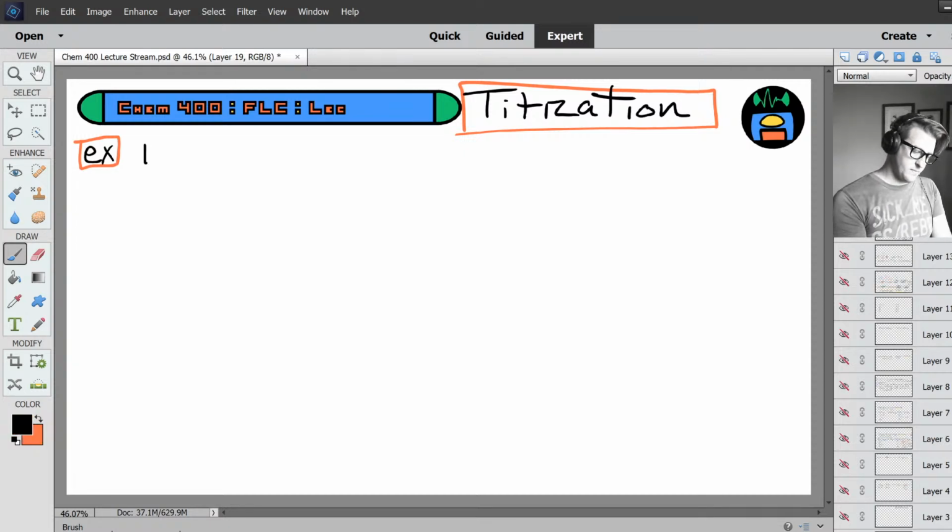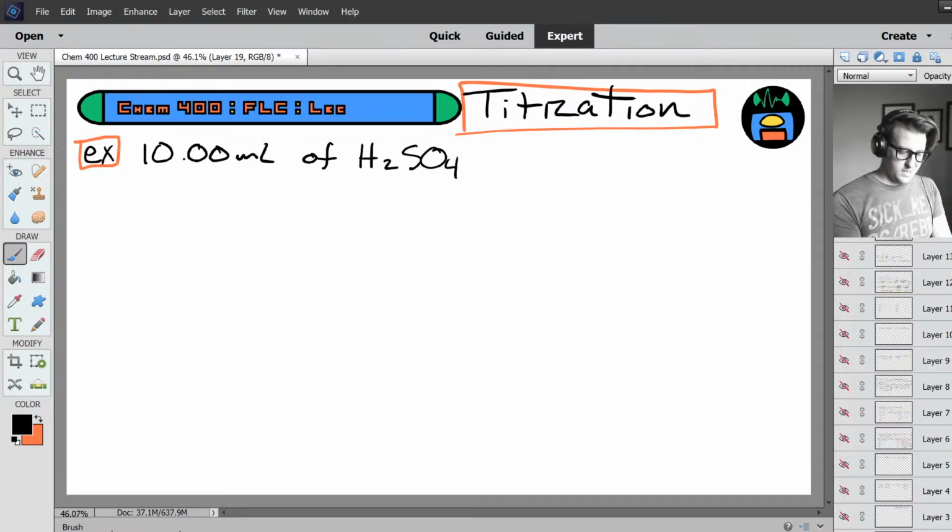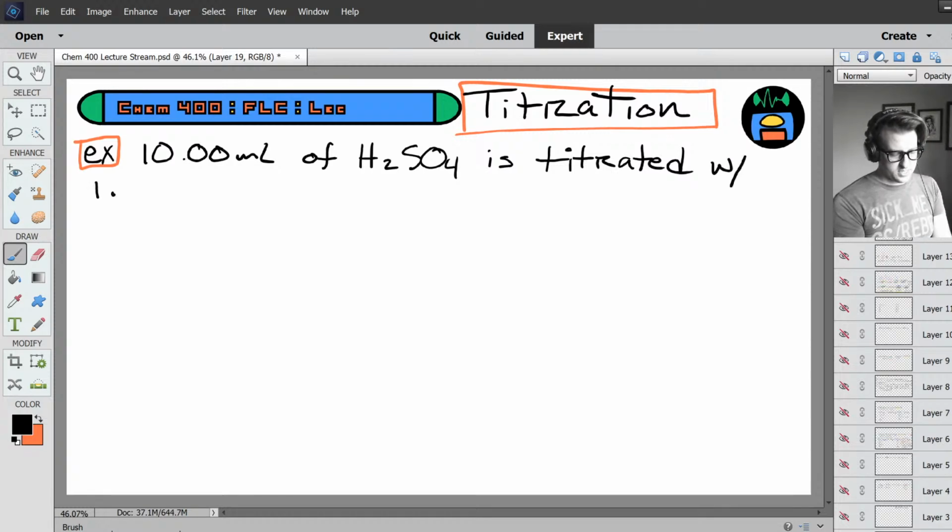Let's see. 10.00 milliliters of sulfuric acid is titrated with 1.00 molar sodium hydroxide.